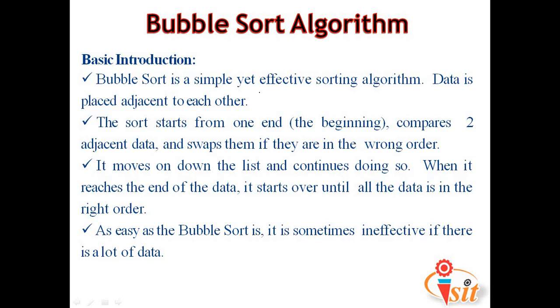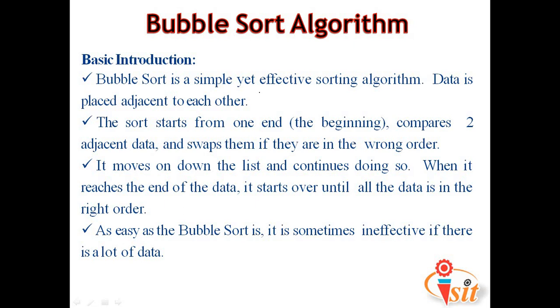Now the actual part we are learning: what is the meaning of bubble sort. Bubble sort is a simple algorithm which is used to sort a given set of n elements provided in the form of an array. Bubble sort compares all the elements one by one and sorts them based on their values.